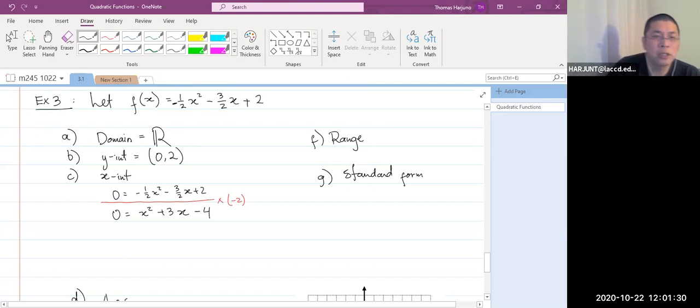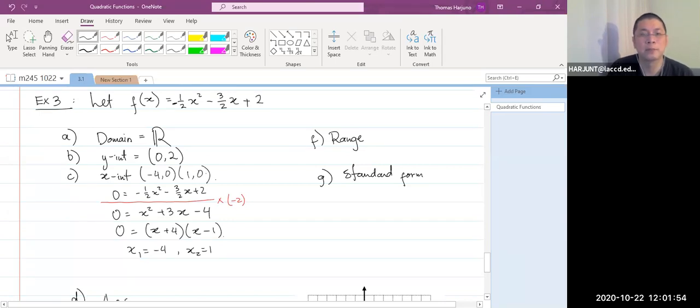Hey, hold on. I think this is factorable, huh? Do you think so? So then you need to factor it. Oh, that's fast. So x1 is negative 4, x2 is positive 1. So that's negative 4, 0 and 1, 0.